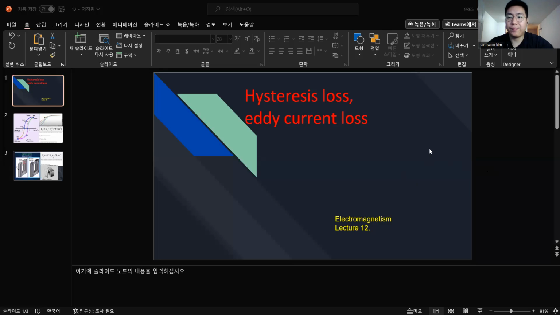But I suggest that to understand this, you need to know the previous lecture, because I explained the saturation curve and core magnetization curve. If you didn't understand that part and skip to here, it's not easy to understand. Let's do it.